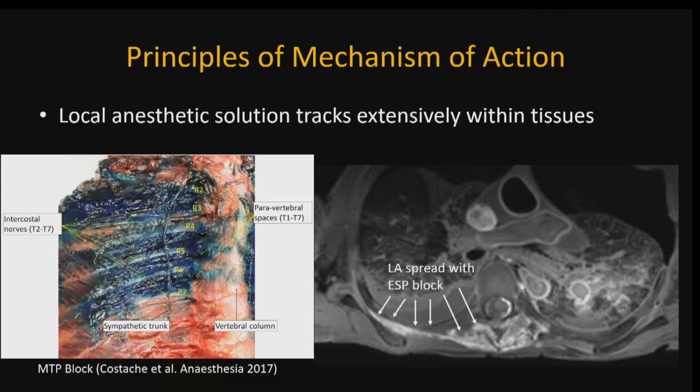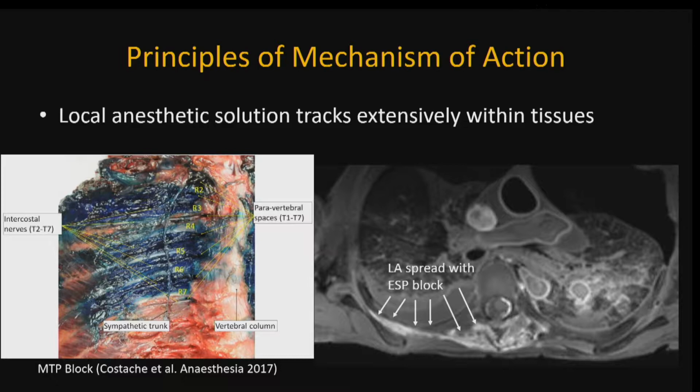So the image on the left of staining of the interior side of a chest wall is actually something that arises from a very, very similar technique called the MTP block, or midpoint transverse process to pleura technique, which was described by Kostash and colleagues in Anaesthesia in 2017.